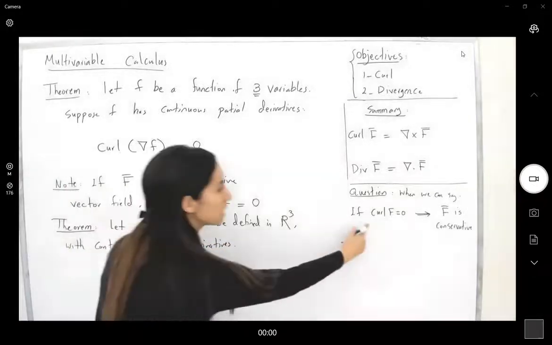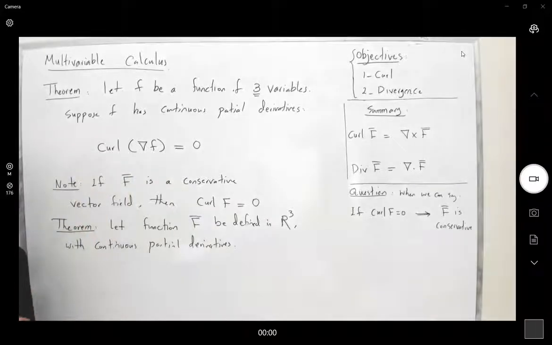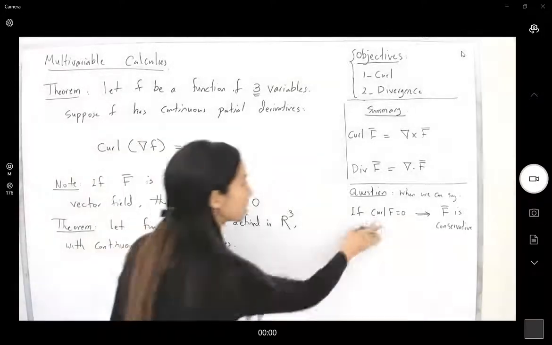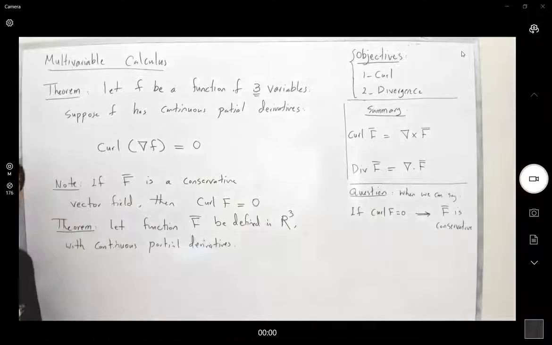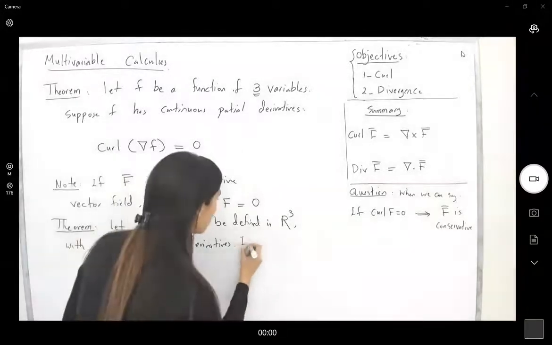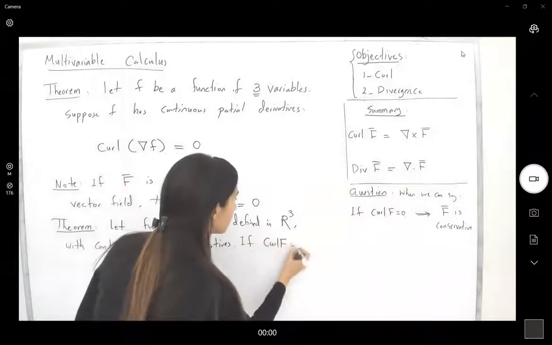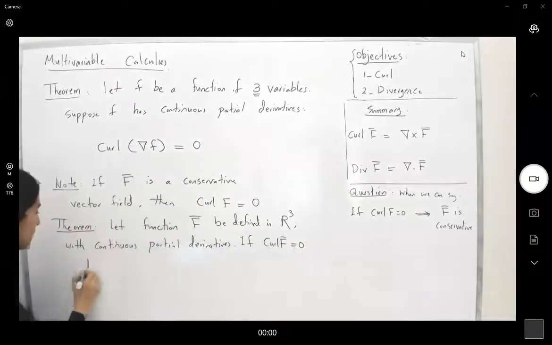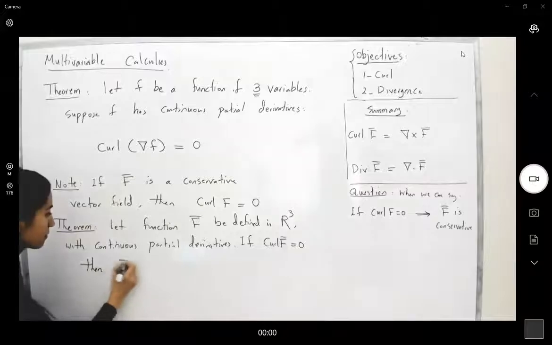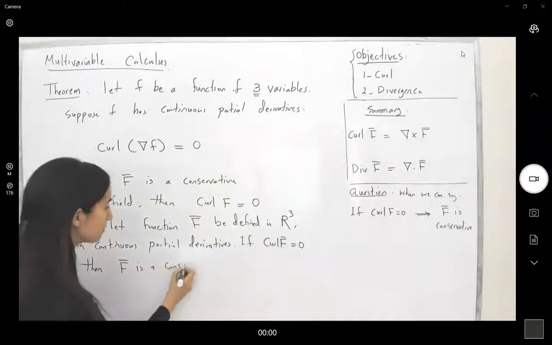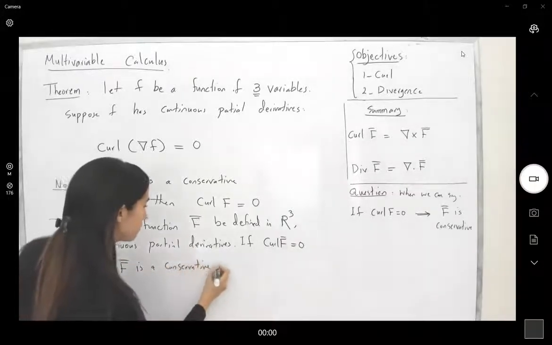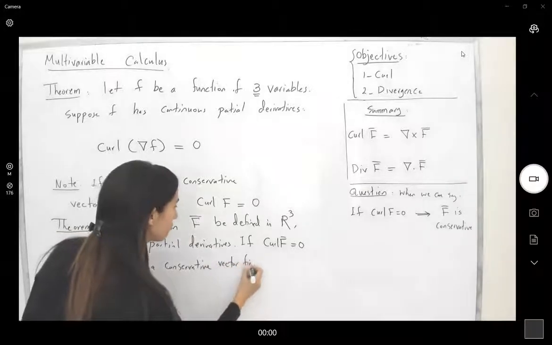Then, if the curl of F is equal to 0, remember that when we are working with curl, we define it as the cross product of the gradient and the vector function F. So you have to find the partial derivatives of F. So if partial derivatives are continuous, and if the curl of F is equal to 0, then F is a conservative vector field.